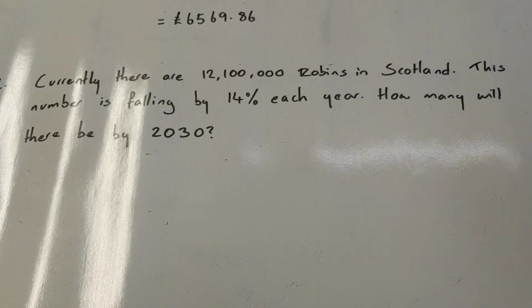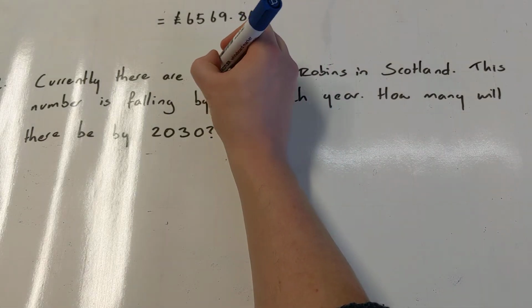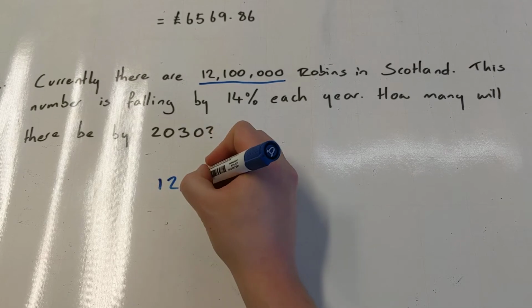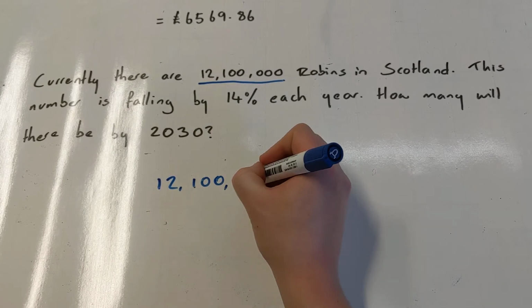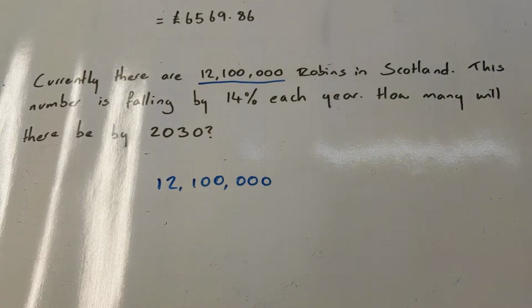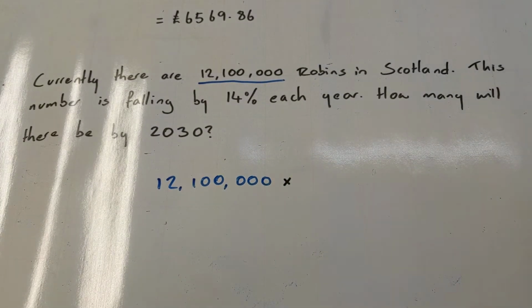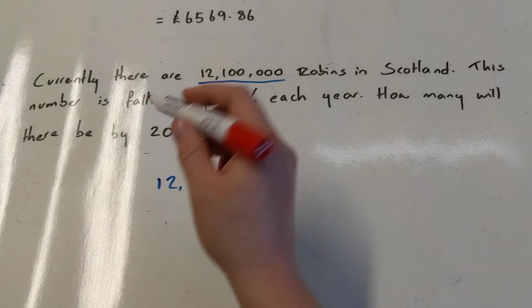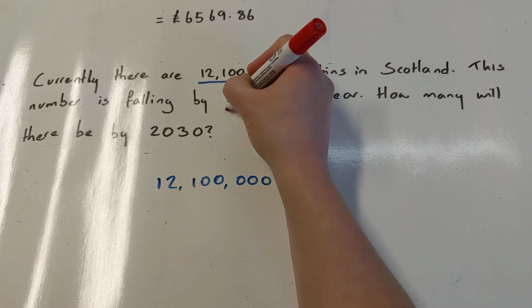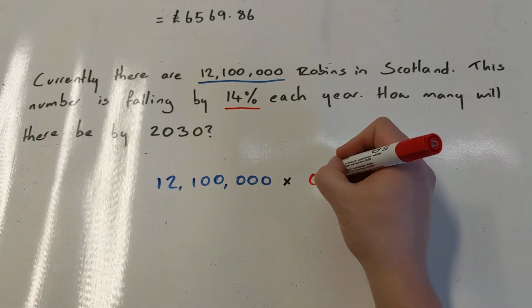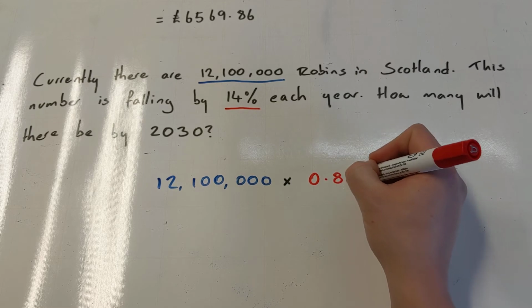So first thing is to identify our original starting number. So here, that's 12,100,000. Then next, we need to identify what our decimal multiplier is. So here, the number is falling by 14%. So that means the decimal I times that by is 0.86.